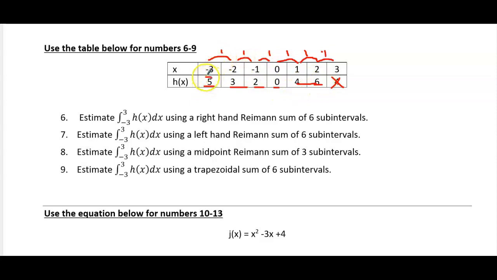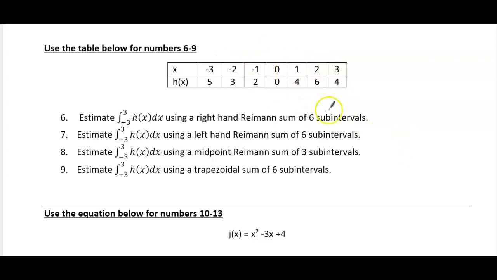So 1 times 5 is 5, 1 times 3 is 3, and so on. So basically all my heights are just going to be these numbers here now. I'm sorry, not my heights, my areas. And then adding all of those up, we're going to end up with 8, 10, 14, 20. So my left-handed sum is 20.